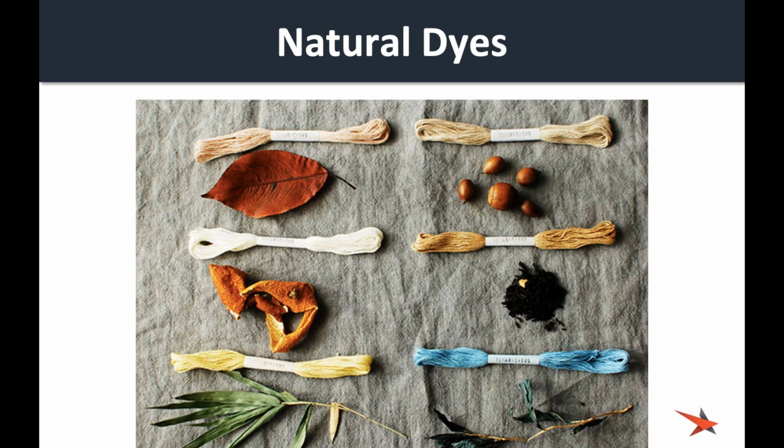And there are a few basic types of coloring agents. Dyes. Dyes are highly concentrated organic compounds that are soluble in a liquid carrier or in a molten plastic resin. And they become a permanent part of the substrate.